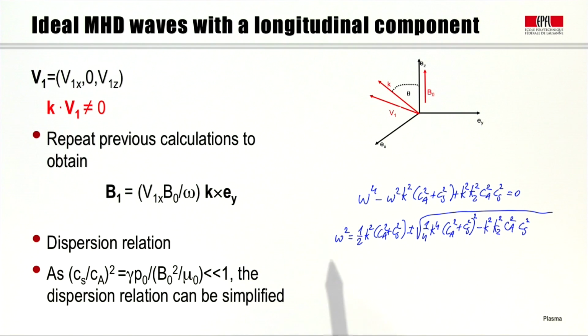We can solve this equation rather easily. We immediately see that there are two roots of this dispersion relation for omega square, a root with the plus and a root with the minus. We can simplify this dispersion relation because the ratio between the sound speed Cs square and the Alfvén speed Ca square is usually much smaller than 1 in typical plasma conditions. So we can take only terms that are first order in the ratio between Cs square and Ca square.